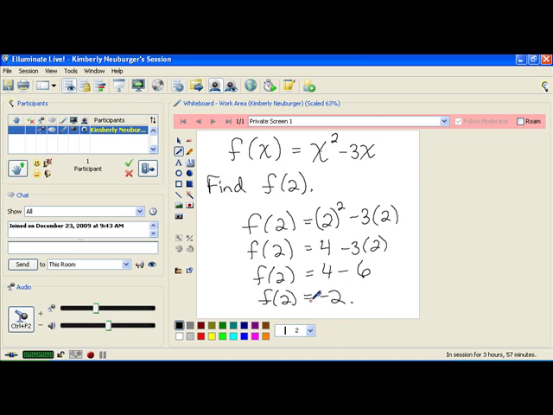So now this particular sentence here means that when you plug in 2, you get negative 2 back out. You can actually write that as an ordered pair where you plug in 2 and you get negative 2 out. This corresponds to a point on a graph.